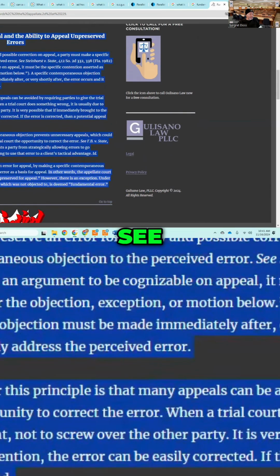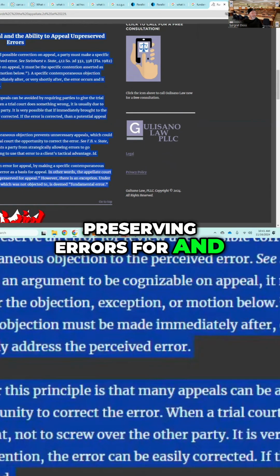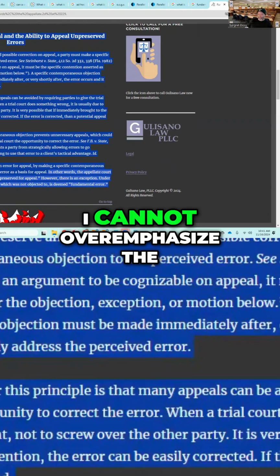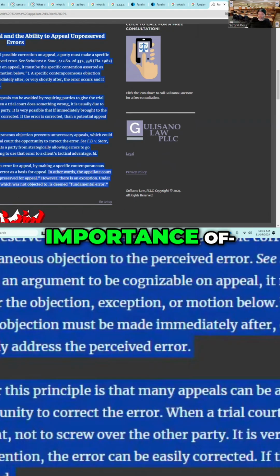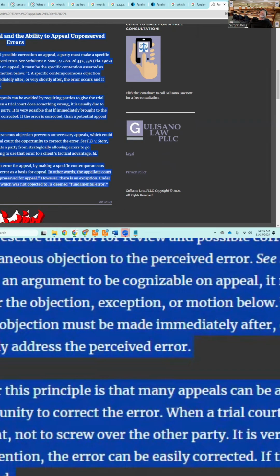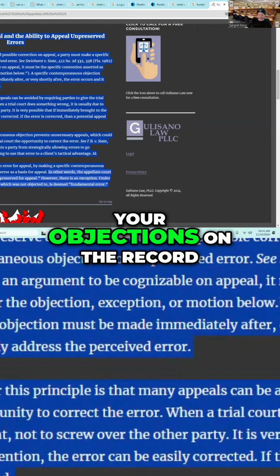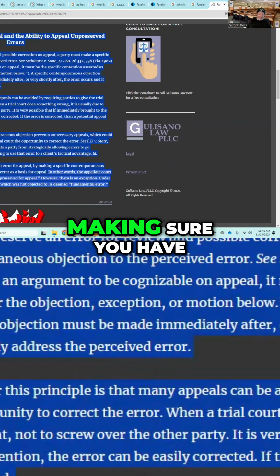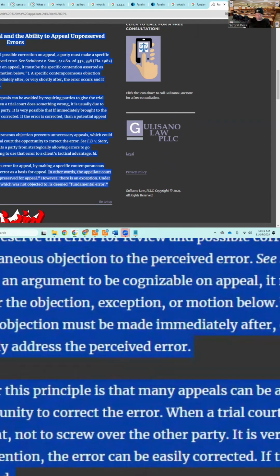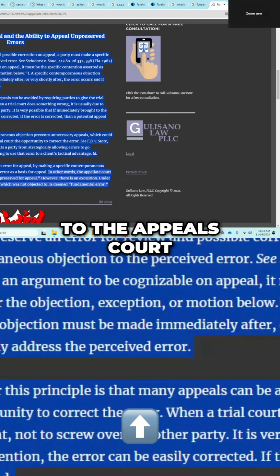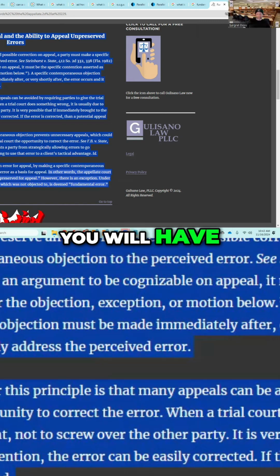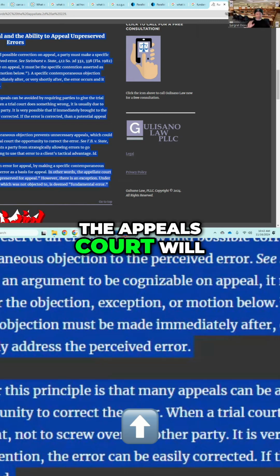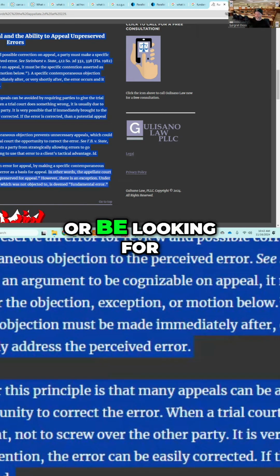So let's go here. See, preserving errors for appeal, and let me tell y'all something. I cannot overemphasize the importance of making sure you put your objections on the record and/or making sure you have a court reporter at your proceedings. When you get to the appeals court, the appeals court will be looking for a transcript.